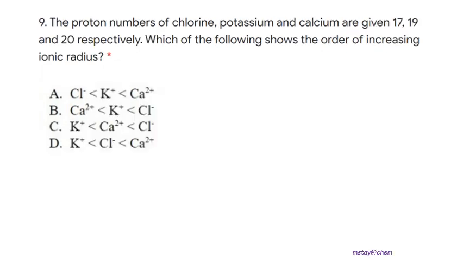Proton numbers for chlorine, potassium, calcium are given as 17, 19, and 20. Then we need to find the ionic radius in increasing size, that means from the smaller size to the bigger size. When we check here, all these ions are isoelectronic species.